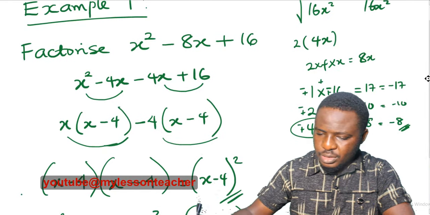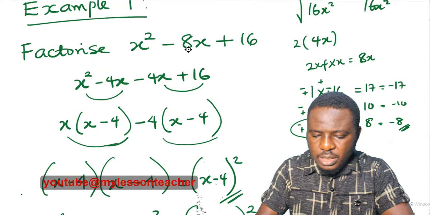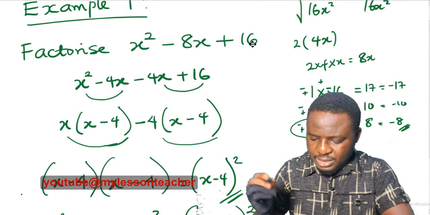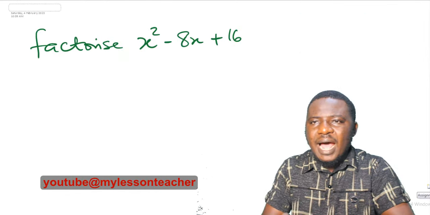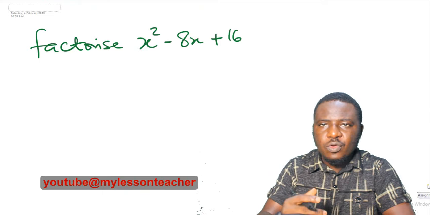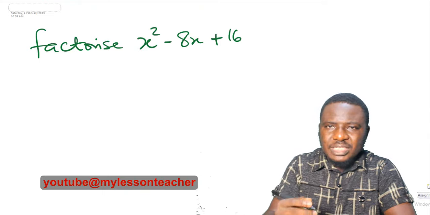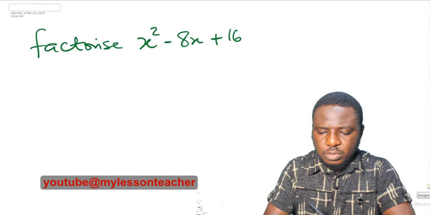The first example is this: x squared minus 8x plus 16. Now I'm going to solve this without factorizing it. I will give you the second method which is required of you in factorizing a quadratic expression.